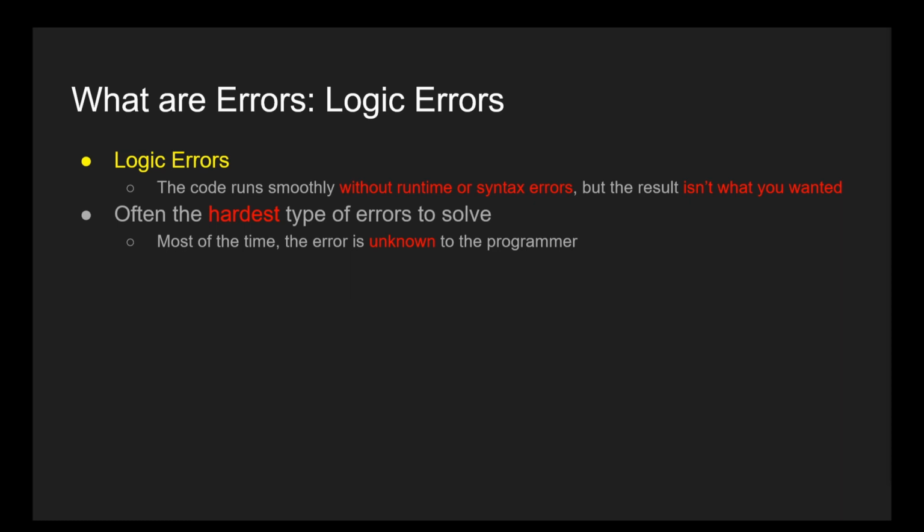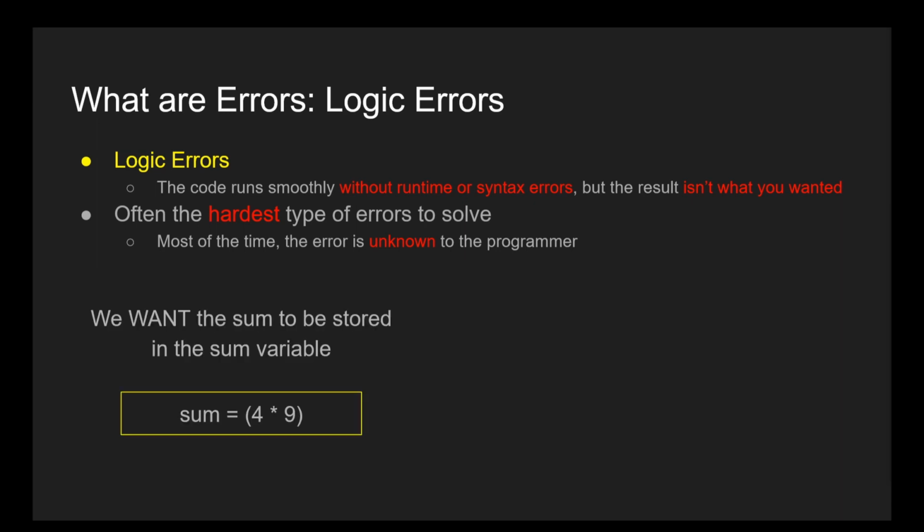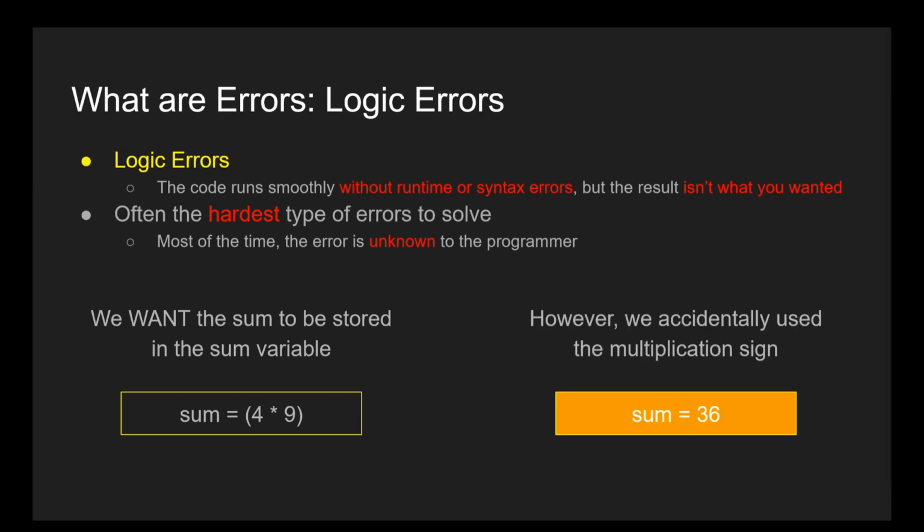For example, let's say you had a calculator app and you want to instruct the program to add two numbers, except it multiplied them instead because you used the multiplication symbol by accident. This leads the sum to be 36 instead of 13. Nothing went wrong with the code syntax or runtime wise, the code runs just fine. It just doesn't work as you intended it to.